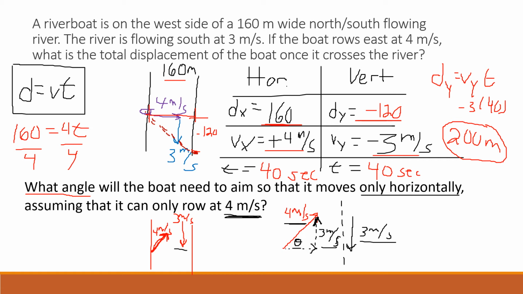You know what? Let's solve for that missing side. If I wanted this side, the Vx of the riverboat, it would be Vx squared plus Vy squared, which in this case is 3, equals the final speed squared.